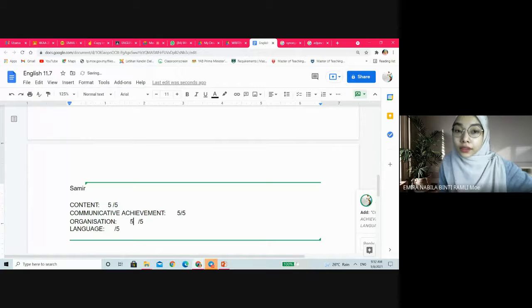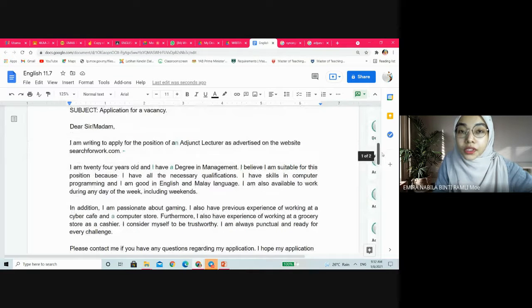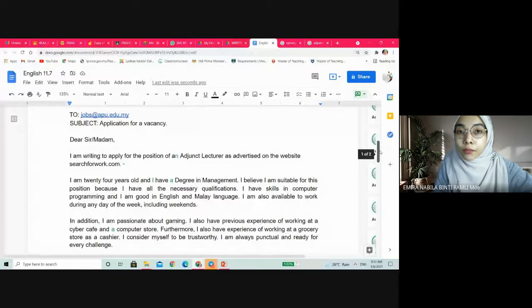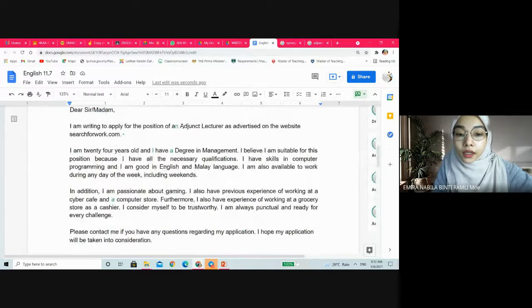So if you practice, if you get enough practice for your writing, you can score easily. 20, 19. I think we have already seen that done. Okay? And then the problem just now is language. That is only a little. Based on the marking course that I attended for SPM marking, for this sort of writing, because he just got the article wrong, an adjunct lecturer, I have a degree, a computer store, he can actually get 5.